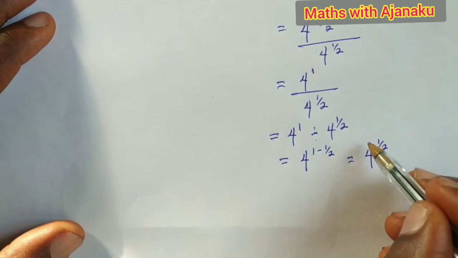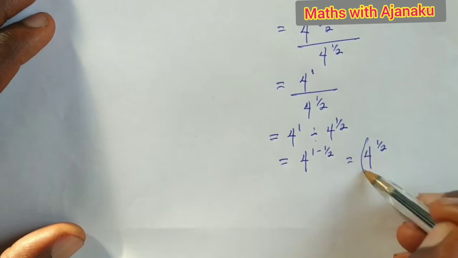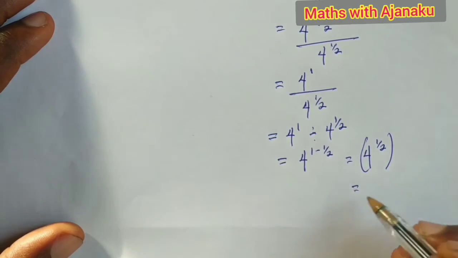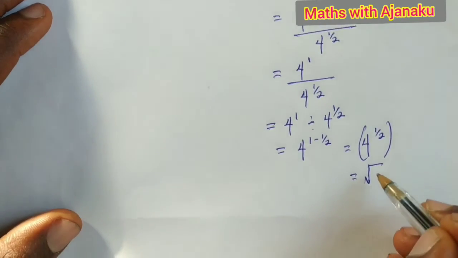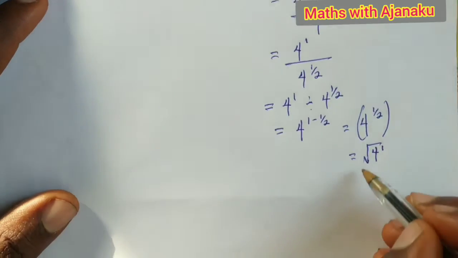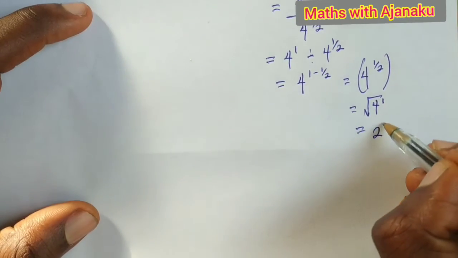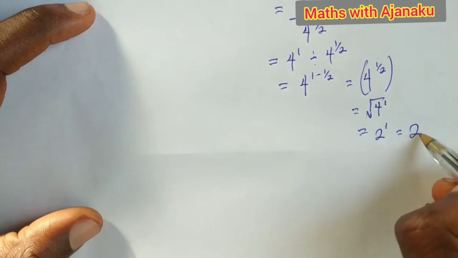Now here, when you check out the sixth law, where we have fractions being the power, the denominator becomes the root and the numerator becomes the power. So the square root of 4 is 2, then raised to the power 1, and that is equal to 2 altogether.